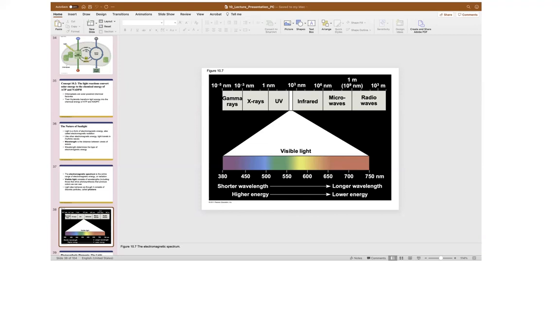So the smaller the distance between peaks, the greater the amount of energy in those wavelengths. And the more energy in the wavelengths, the more possibility to cause cellular damage, with DNA damage leading to possible mutations.